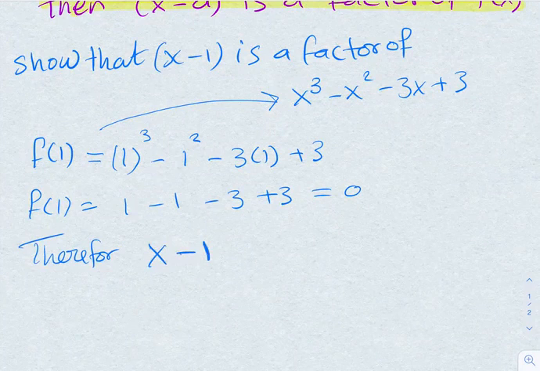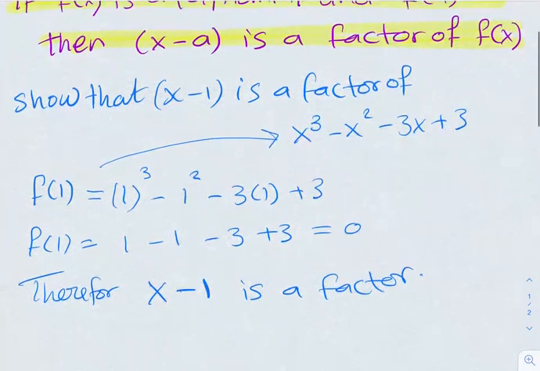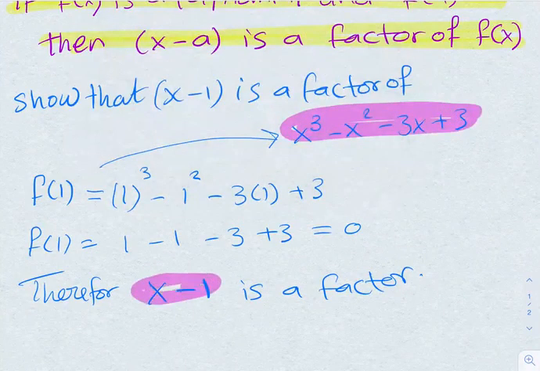So therefore, x minus 1 is a factor of this expression. When we say it's a factor, that means if I do a long division of this divided by x minus 1, I shouldn't get a remainder. The remainder will be 0.